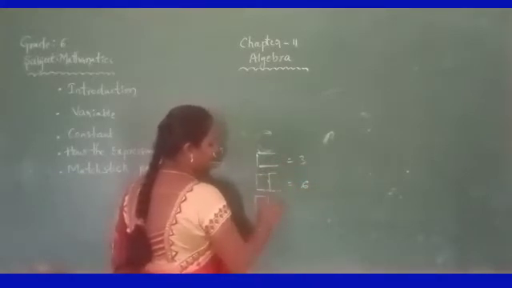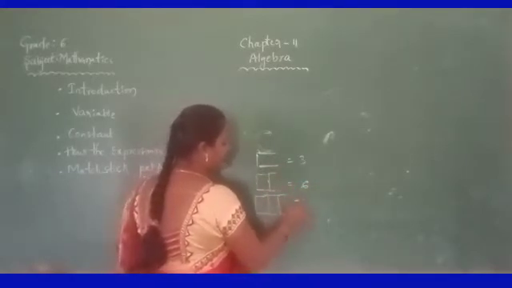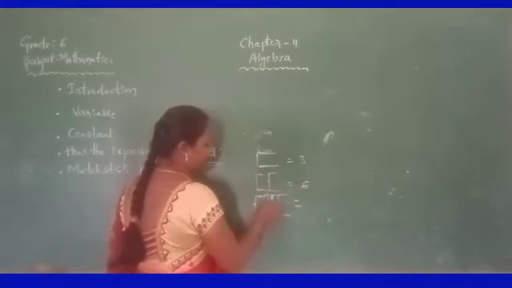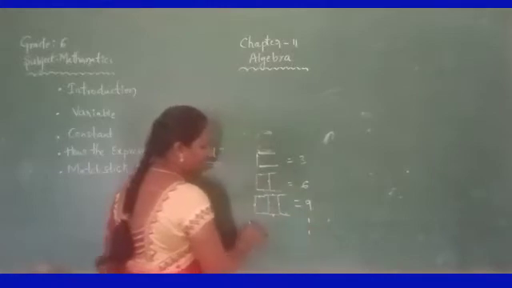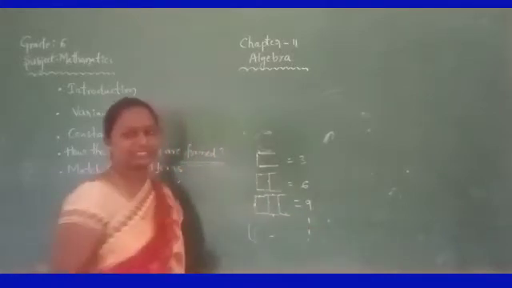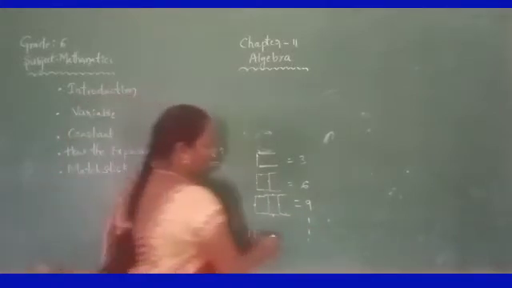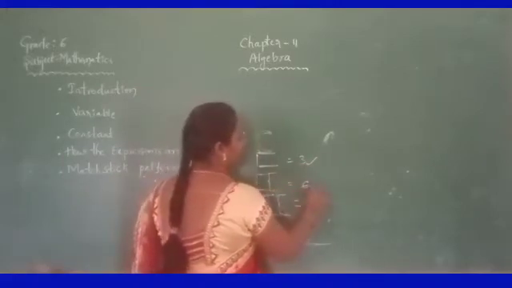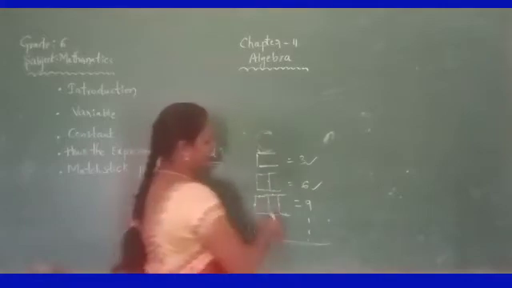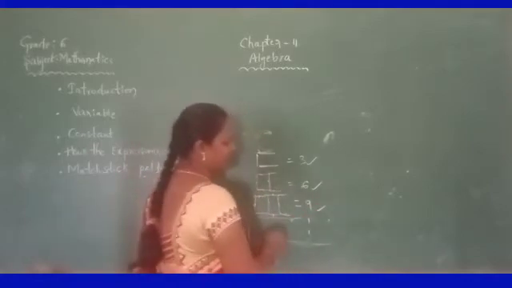If three C's, how many? 1, 2, 3, 4, 5, 6, 7, 8, 9. So if you want to form a number of C's, what is the pattern? For 2 C's, 6 matchsticks will be required; for 3 C's, 9 matchsticks.